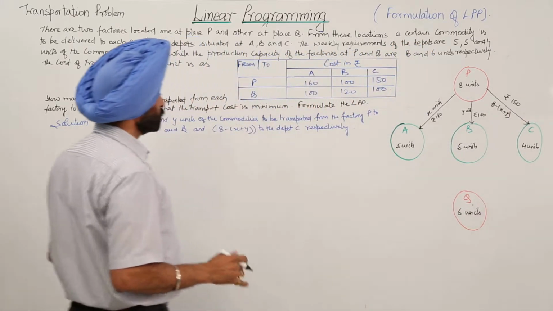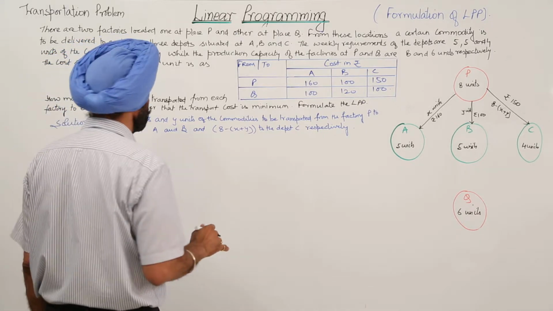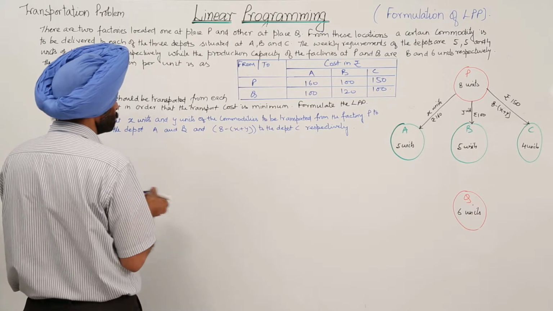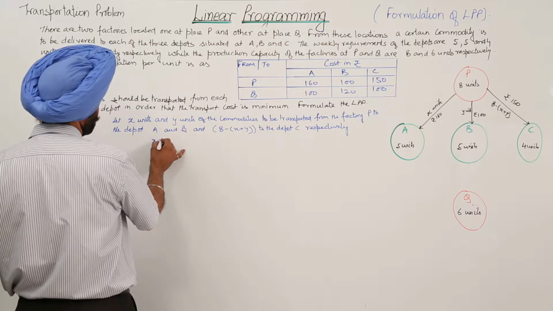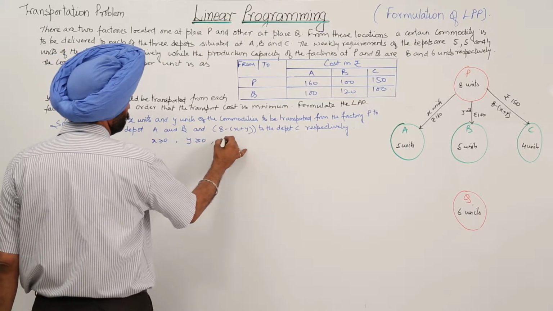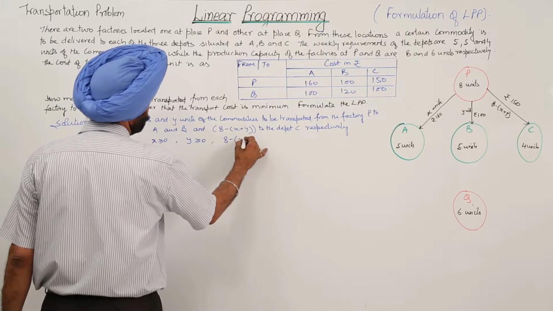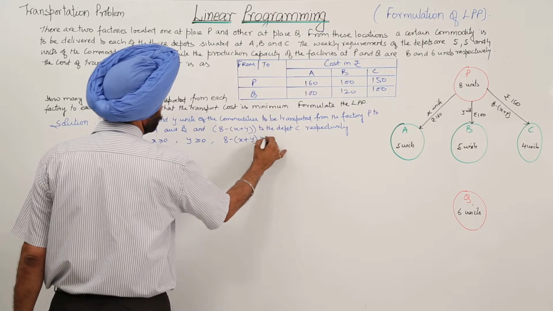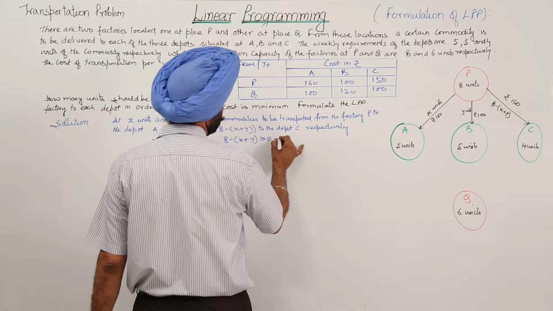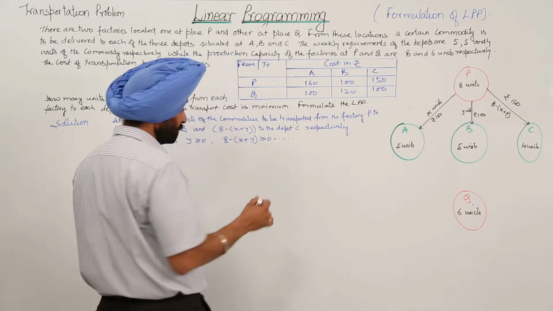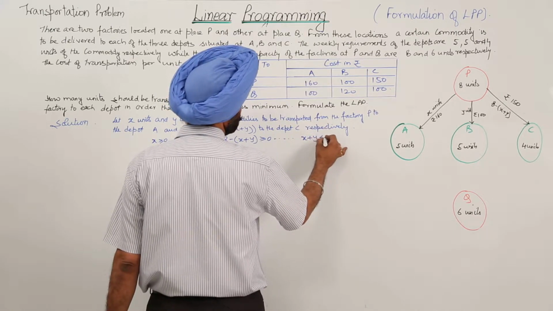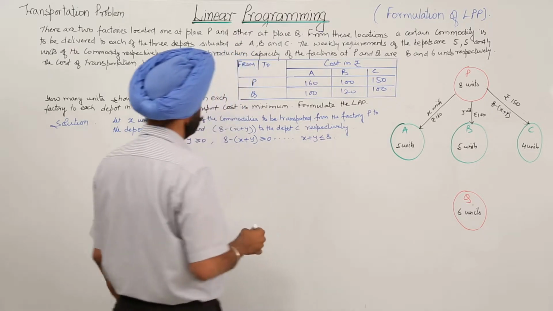First thing. Now formulating these as equations, we have X greater than or equal to 0, Y greater than or equal to 0, and 8 minus X plus Y greater than or equal to 0, which becomes X plus Y less than or equal to 8.